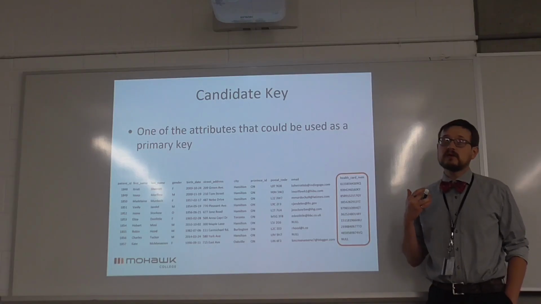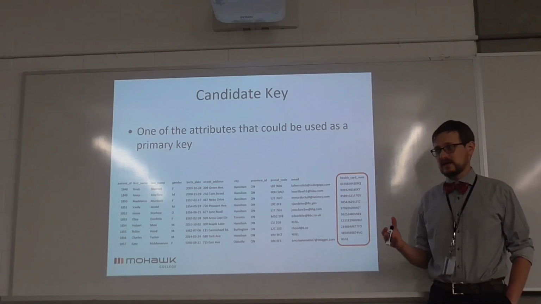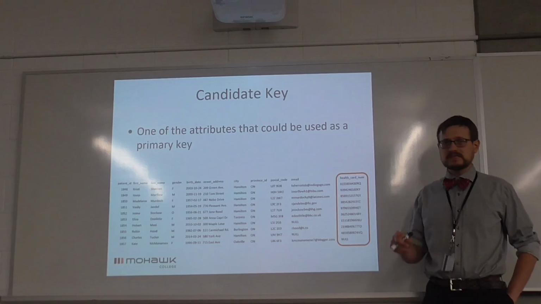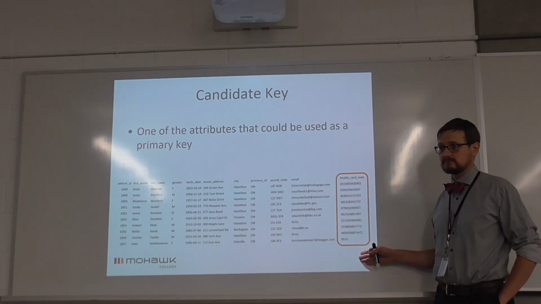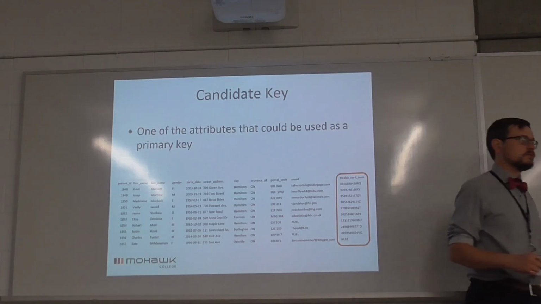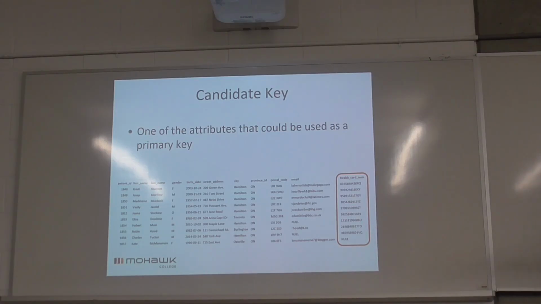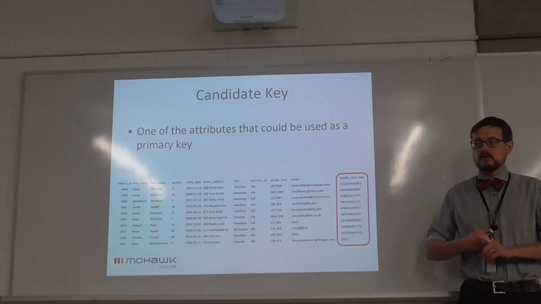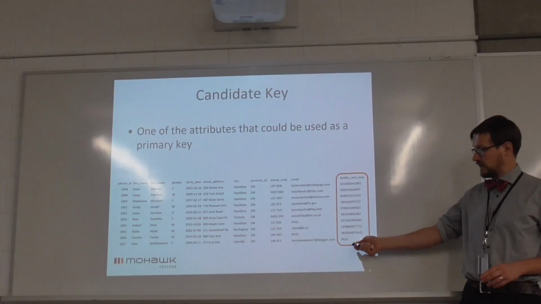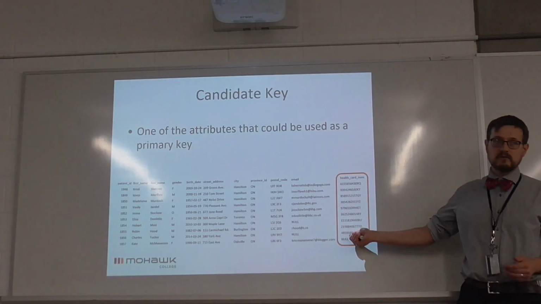What this discussion comes down to is what constraints are placed on this column. In order for it to be a candidate key, a couple of things have to be true. Number one, all values in it must be unique. This is the issue we ran up against if we were allowing null.